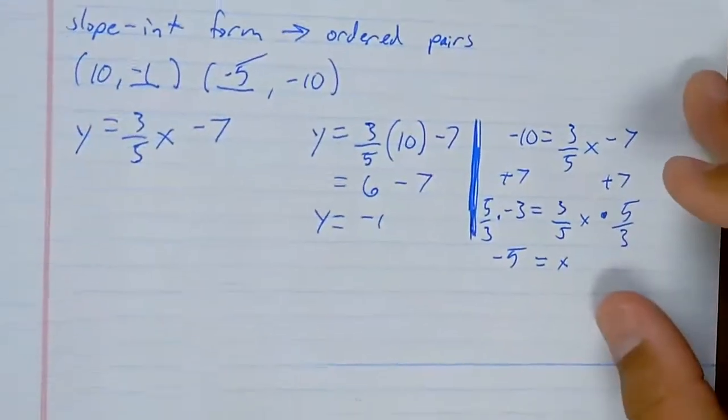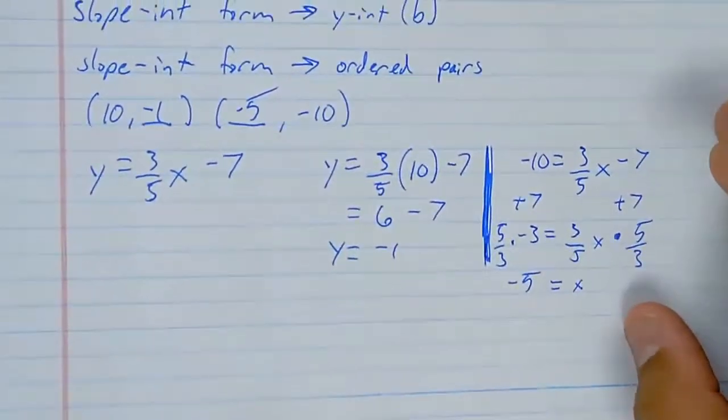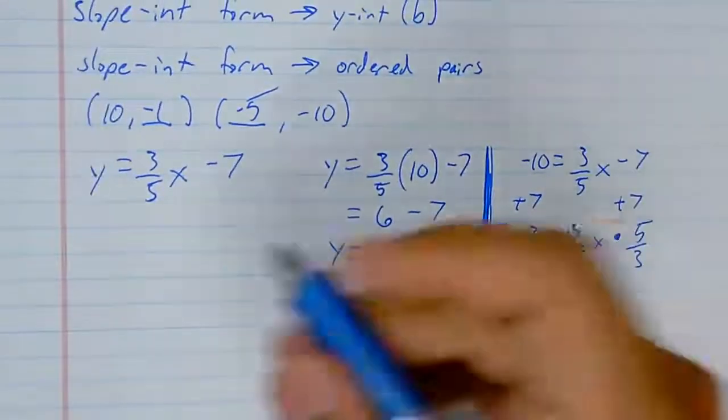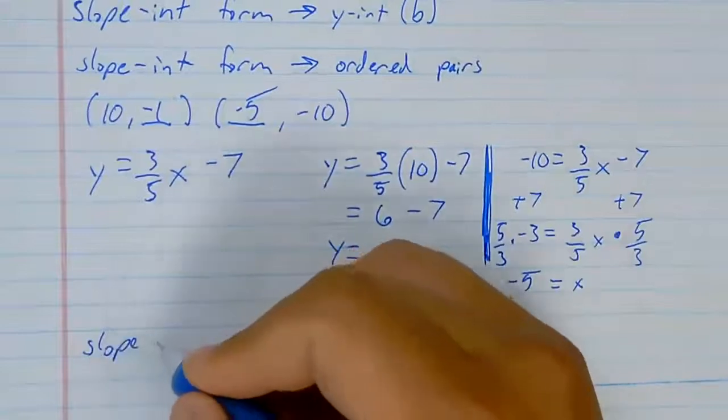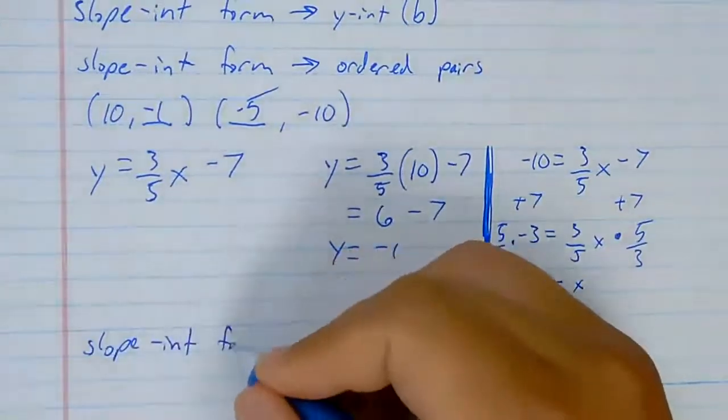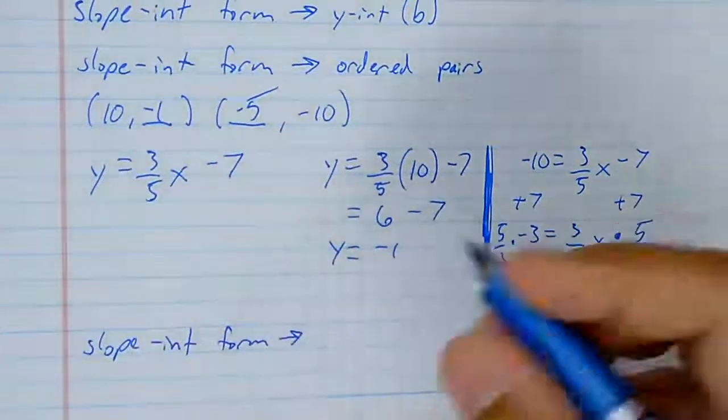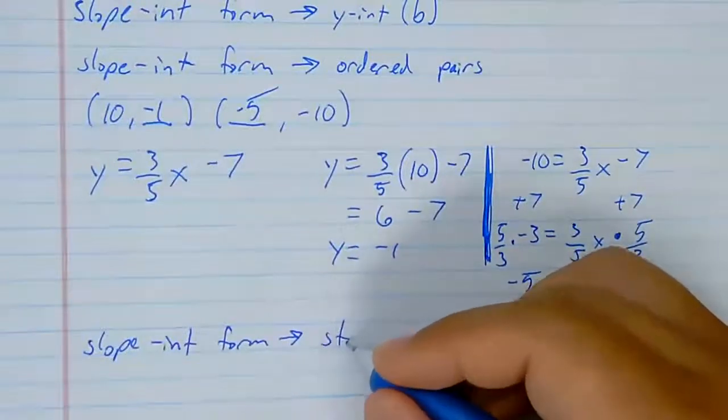There's one more place where we can go, starting with slope-intercept form, and that is to standard form.